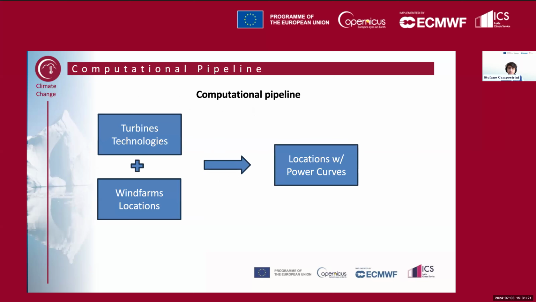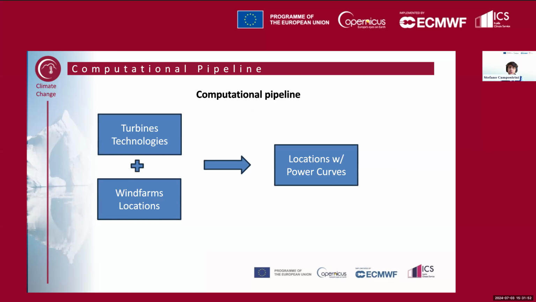Well, with turbine technologies and locations, we match each location to, let's call it, a representative turbine technology. The parameter of the specific wind farm that we use to match it with a defined turbine technology is the rated power.